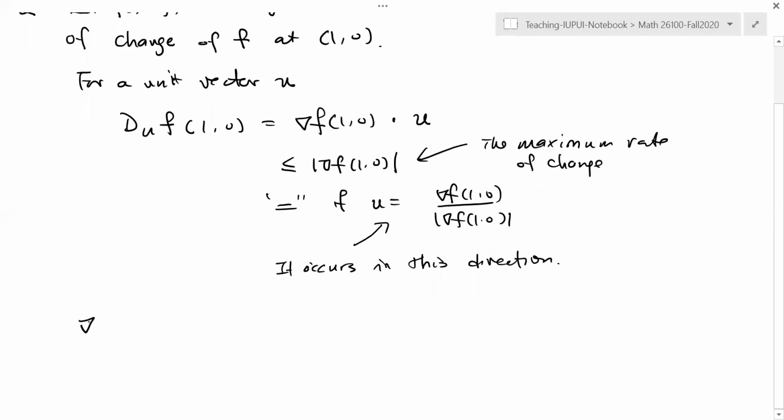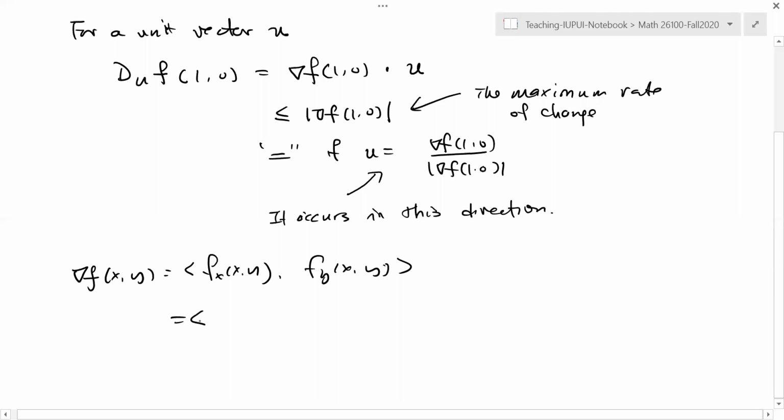So now let's look at the gradient of the function. It's going to be the partial derivatives. That's just routine. Let's calculate. When you differentiate sine xy with respect to x, you get y cosine xy. When you differentiate with respect to y, you get x cosine xy.